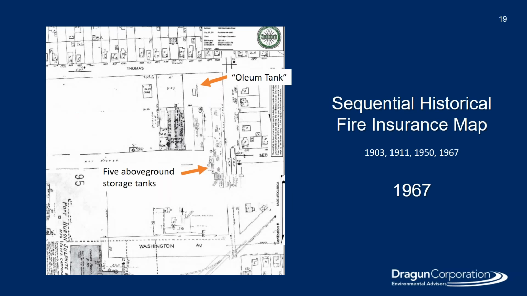And this layering of information, looking at the same site that we were just looking at in aerial photographs, we utilize fire insurance maps. Fire insurance maps are another great source of obtaining glimpses of the development of a property. There were a few providers of these, but Sanborn was probably the most popular.